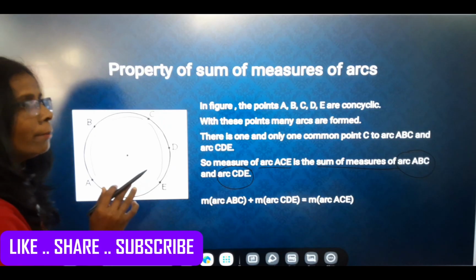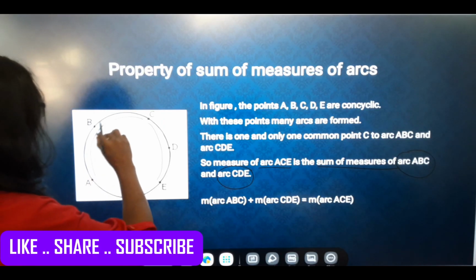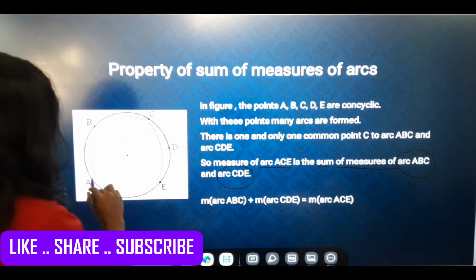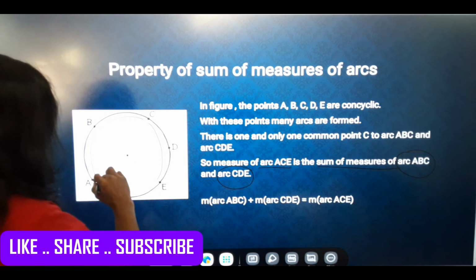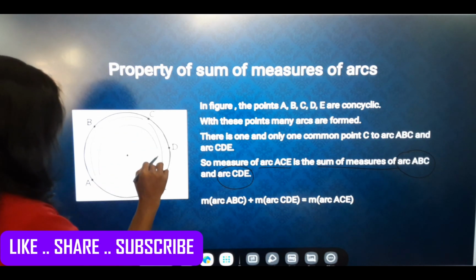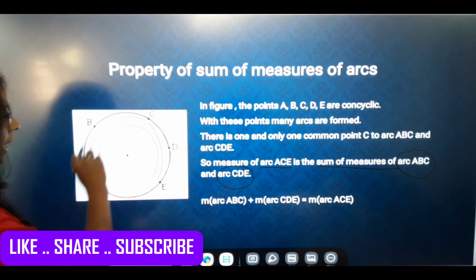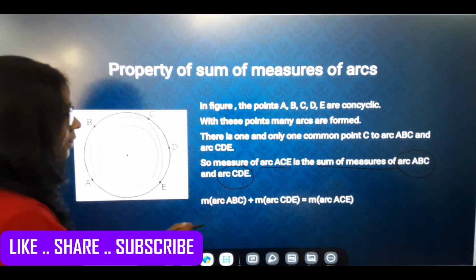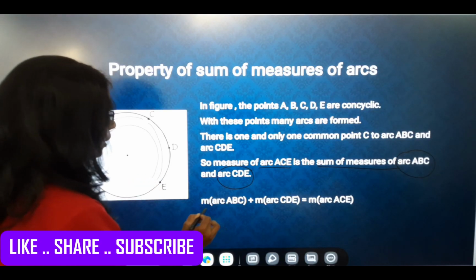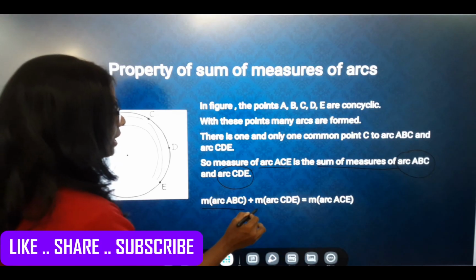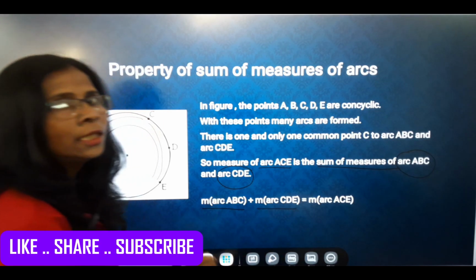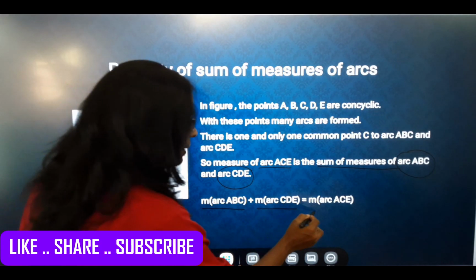We have to measure the total measure of the arc ACE, totally this arc from A to E. Then major arc ABC plus major arc CDE is equal to major arc ACE.